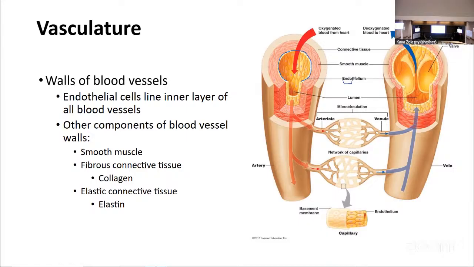The other components are the part that varies a bit. So we have that layer of muscle here, right, which we're going to see definitely in an artery, definitely in an arteriole, not in a capillary, some in veins coming back sometimes, but going to be important for our arteries and our arterioles. Okay. This layer is specifically made of smooth muscle. So this is not like skeletal muscle, not under your conscious control, but will be important when we link it up to how the autonomic nervous system acts on the vasculature.